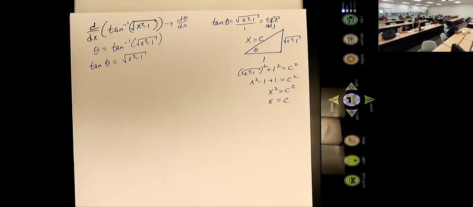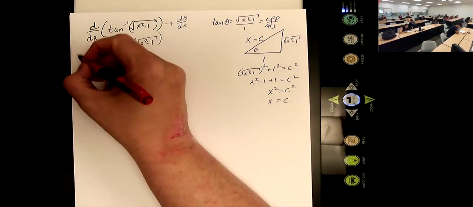Let me pause for a second, make sure everyone's caught up. Let's hit both sides with the d/dx.